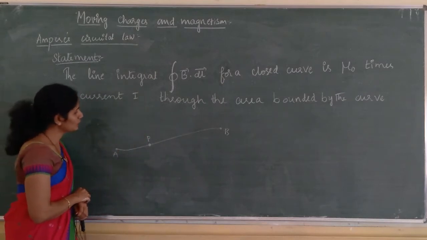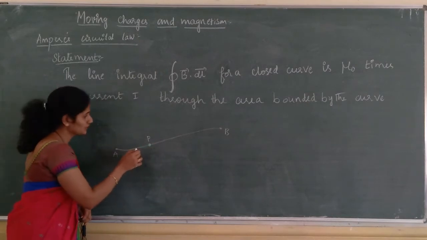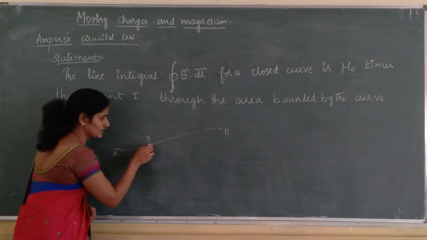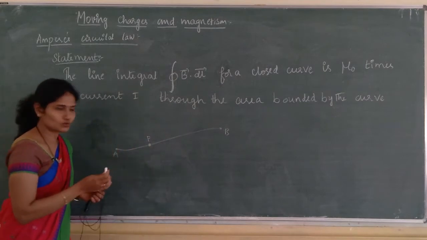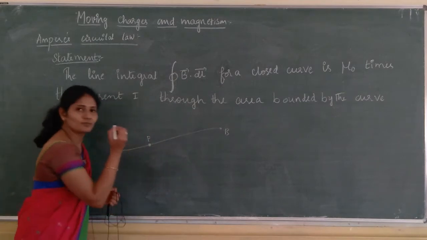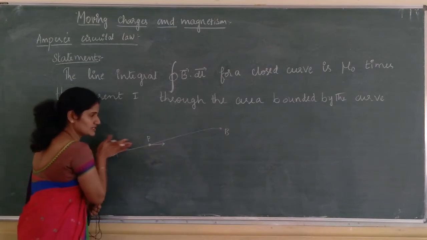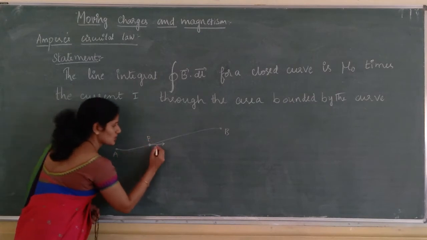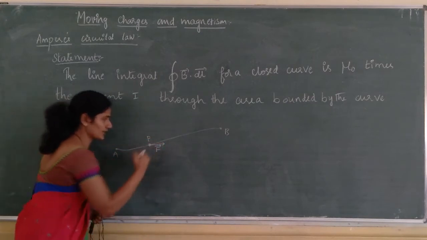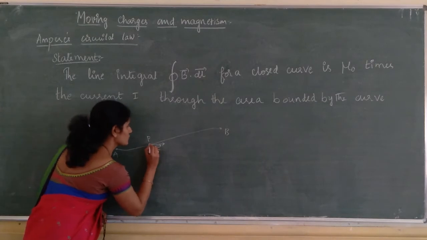In order to move this particle from here to here, what do we have to do? We have to apply some external force. This is the direction of the external force. In this direction we are applying force, so this is the F vector. The object displaces.